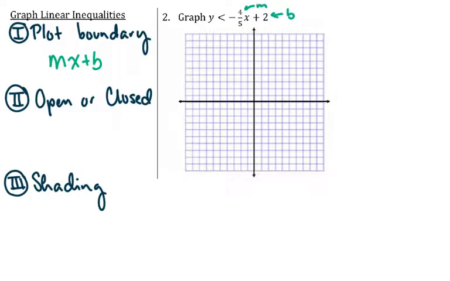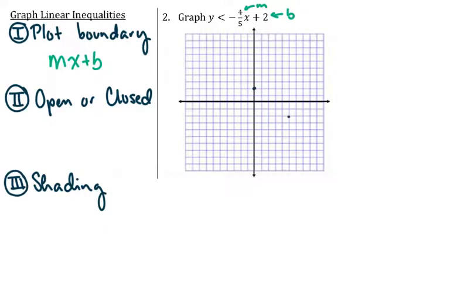So the first thing we do, as it says, is plot the boundary. So I'm going to put in some of the points for the line. We've got +2 on our y-axis, and then it goes down 4 over 5, which gives us a point right here.